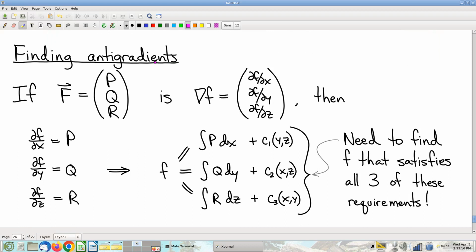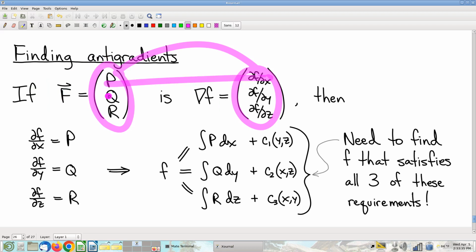This is actually pretty straightforward, as it turns out. If I want to know if a vector field is a gradient, okay, all I got to do is ask if the given coordinates can be partial derivatives. And of course, they have to line up like that.